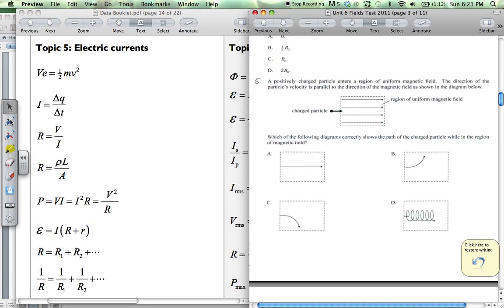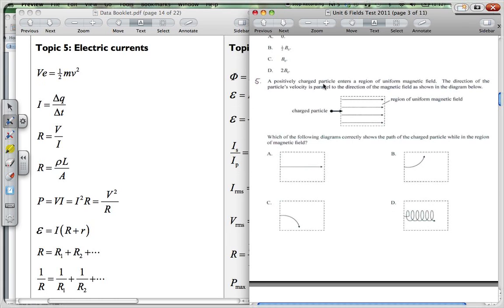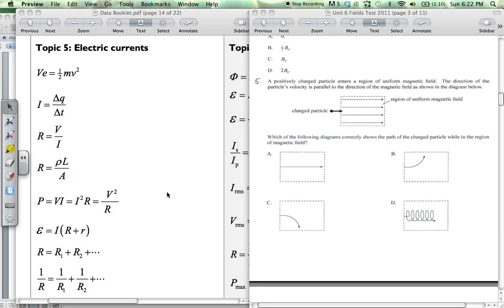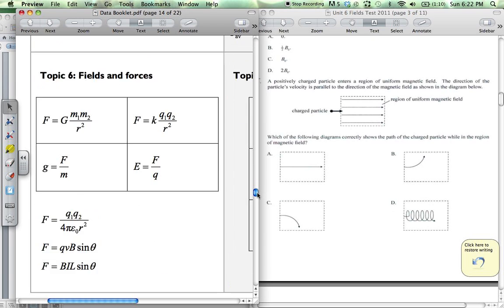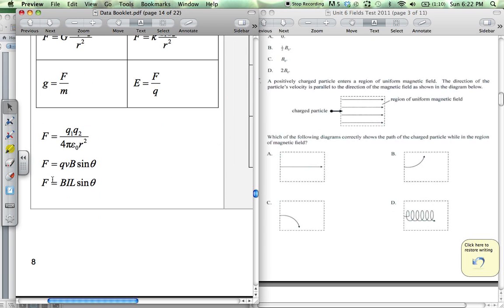Question 5. We have a positively charged particle enters a uniform magnetic field. The direction of the particle's velocity is parallel to the direction of the magnetic field as shown in the diagram below. So I'm going to need this formula down here.